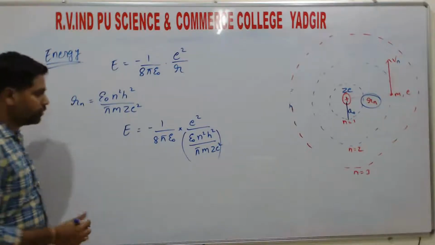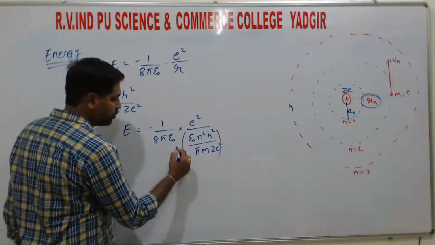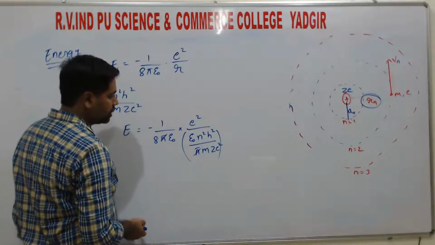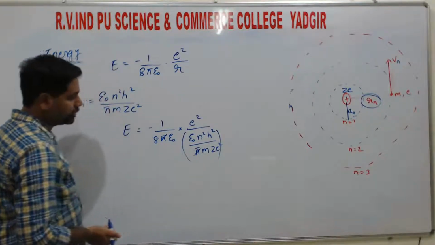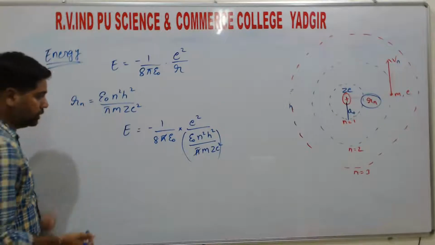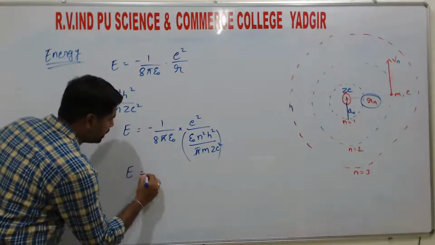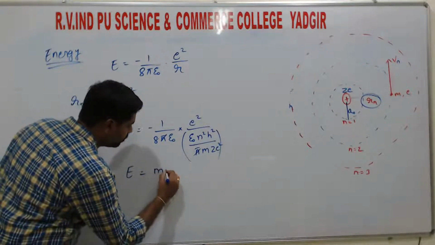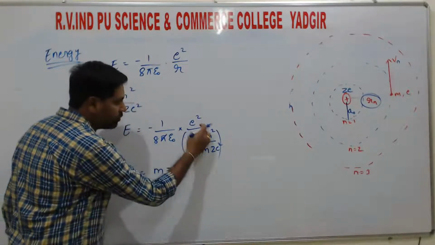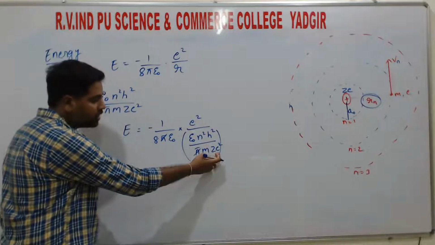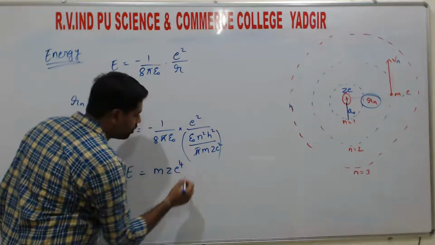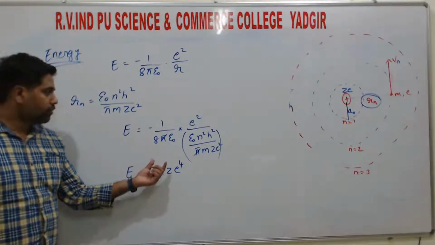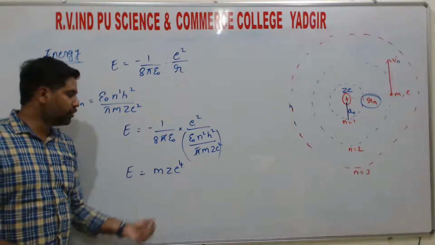Now this one is in the numerator, pi gets cancelled, so the remaining is: E is equal to, as it goes to the numerator, m z, here we have e square and here also we have e square, then it becomes e to the power of 4, m z e to the power of 4.